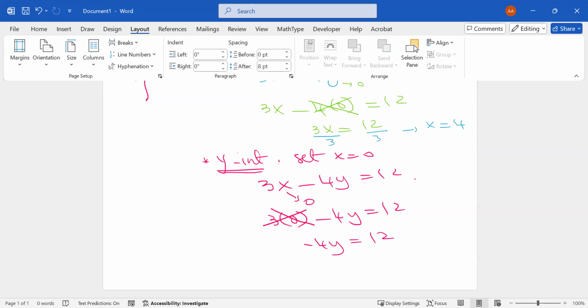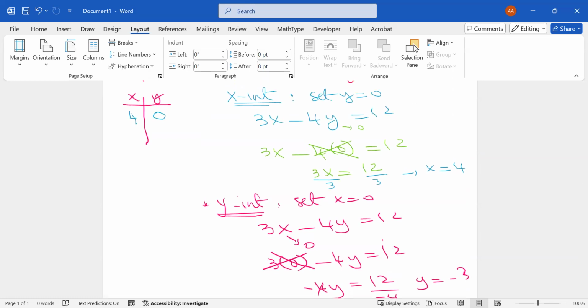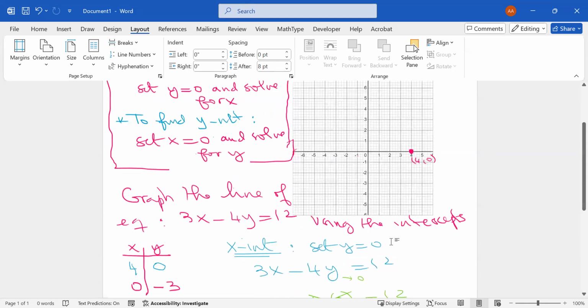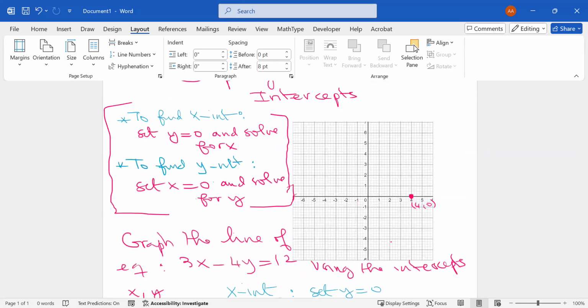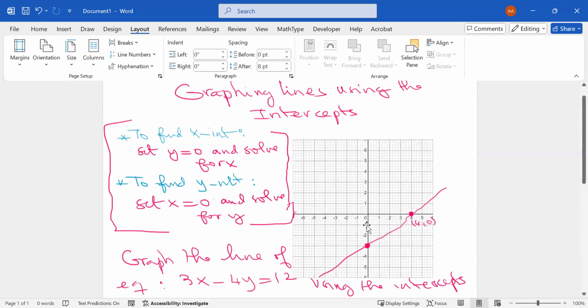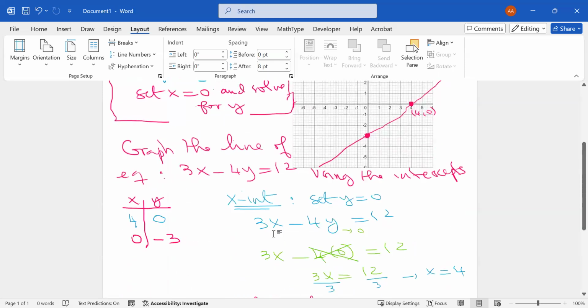I divide both sides by -4, so I get y equal -3. So my y-intercept is -3 for y and 0 for x. It will be on the y-axis, this one right here. Now I have my 2 points. All I do is connect them with a straight line. I'm sorry, my line was not that straight, okay?